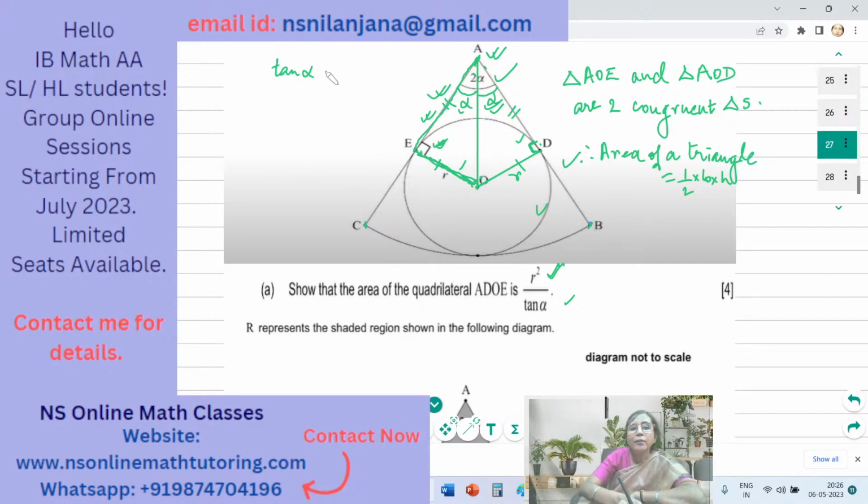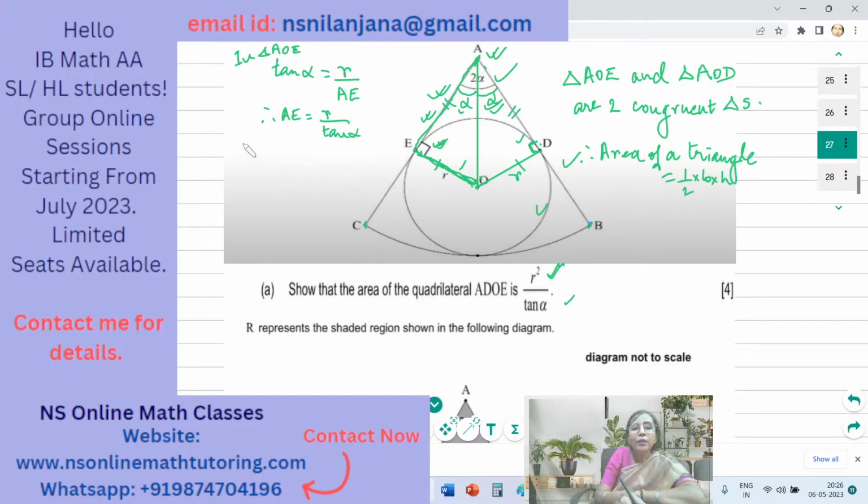So tan alpha will be equal to R over, in triangle AOE, tan alpha equal to R over AE. Therefore, AE is equal to R over tan alpha.